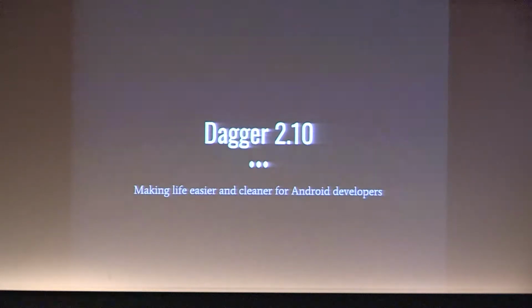So the issue with Dagger, more precisely with Android, is that we can't use constructor injection for framework types because you cannot pass arguments to a fragment constructor. At least you shouldn't. The same for activities or any framework type. And also, before this version, you had to build most of the time the components inside your activities and your fragments manually.